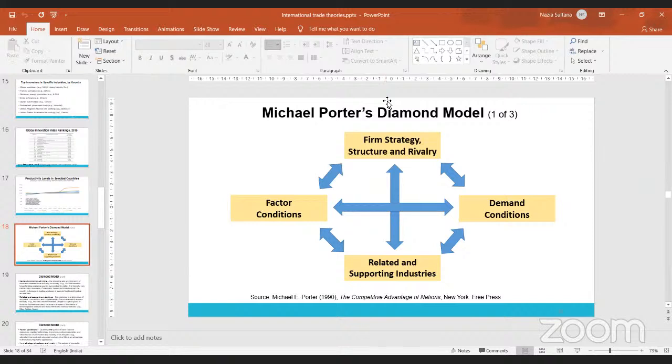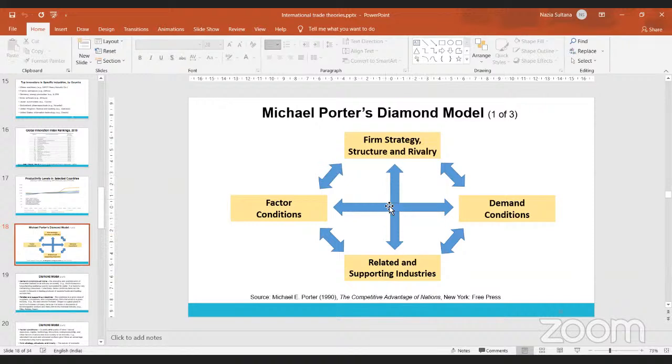Next, coming to Michael Porter's theory. Michael Porter's theory got revised again and again by Porter himself and by others. Even today, this theory is very relevant when you talk about competitiveness of firms and even nations of the world, international trade. If you see the diagram there, this is also called the five forces model or diamond model, because it looks like a diamond.